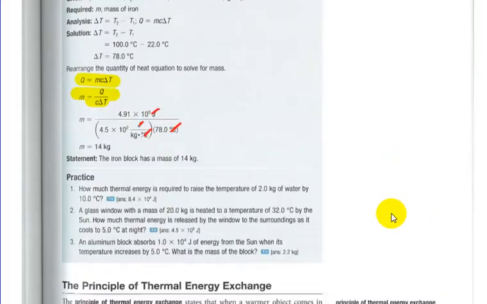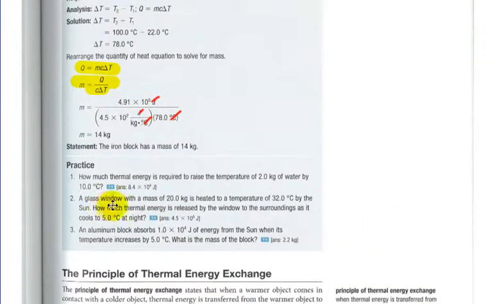Okay, number 2. A glass window has a mass of 20.0 kilograms and is heated to a temperature of 32 degrees by the sun. How much thermal energy is released by the window to the surroundings if it cools down to 5 degrees at night? So we have an initial temperature, a final temperature, and a mass.